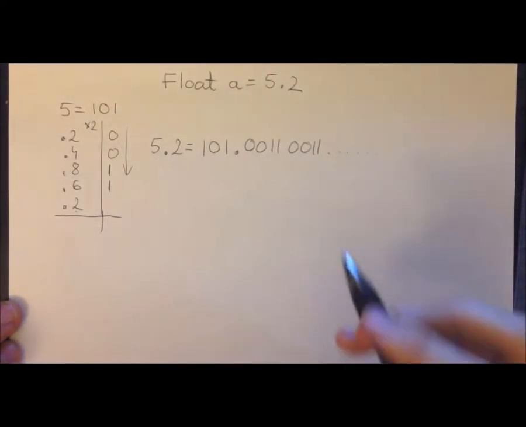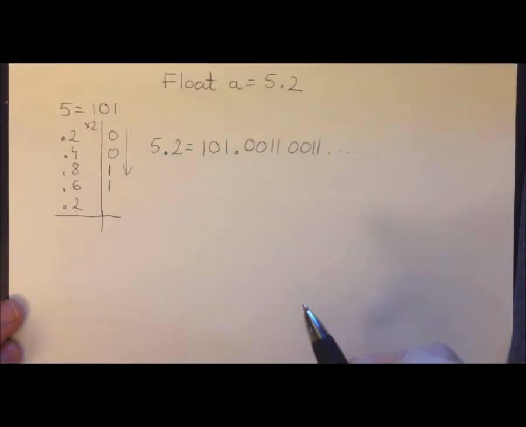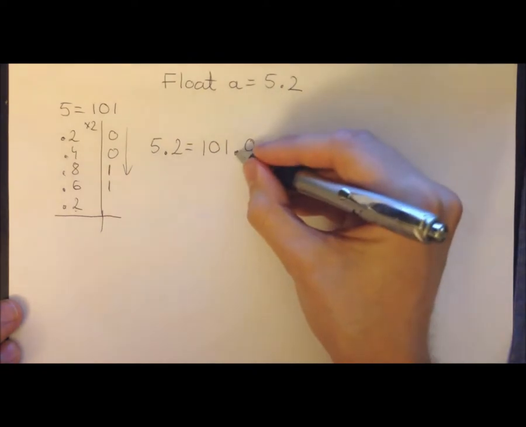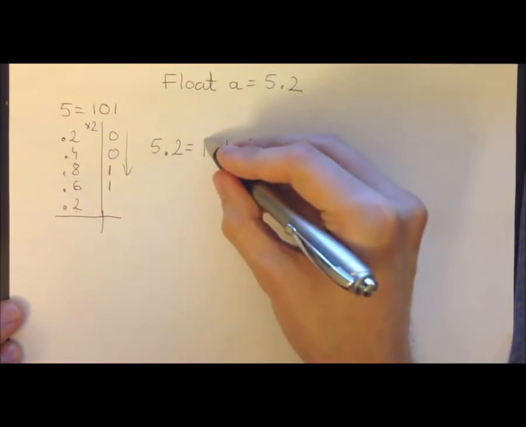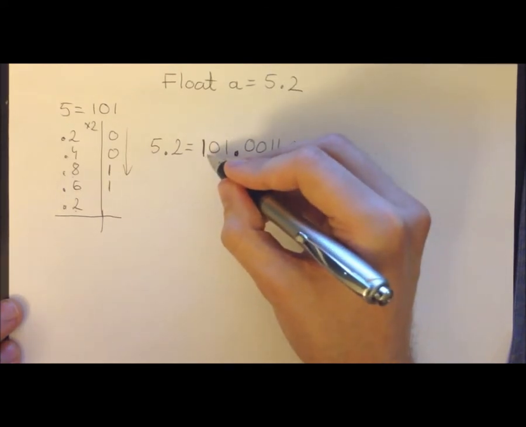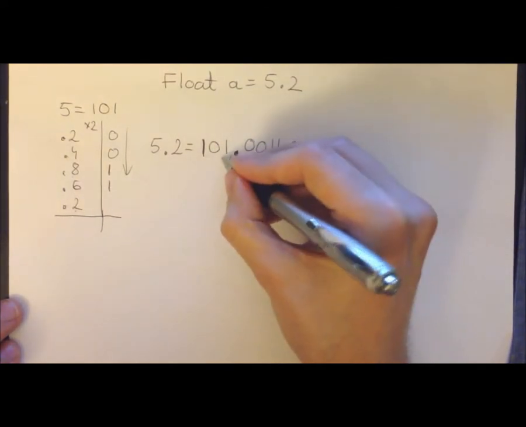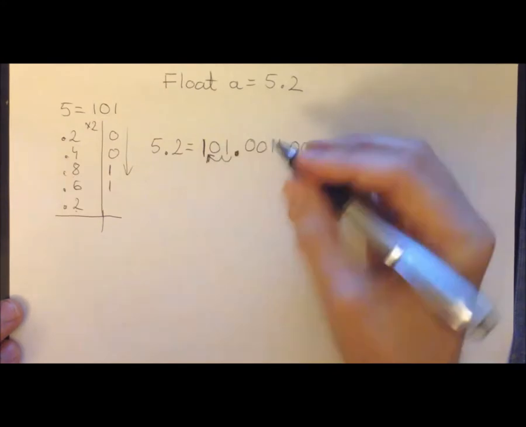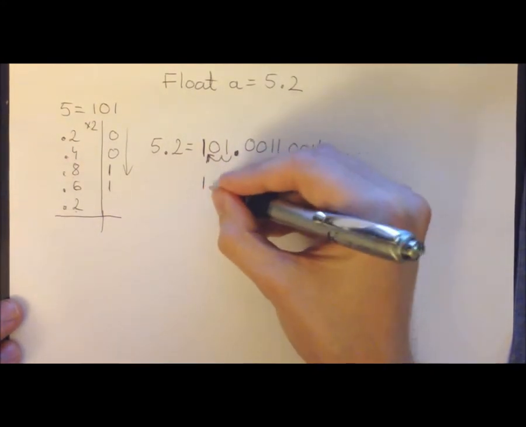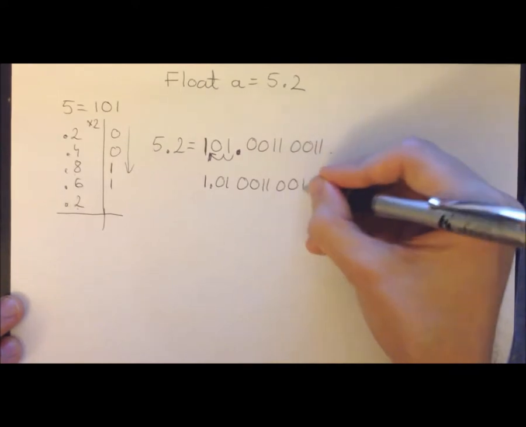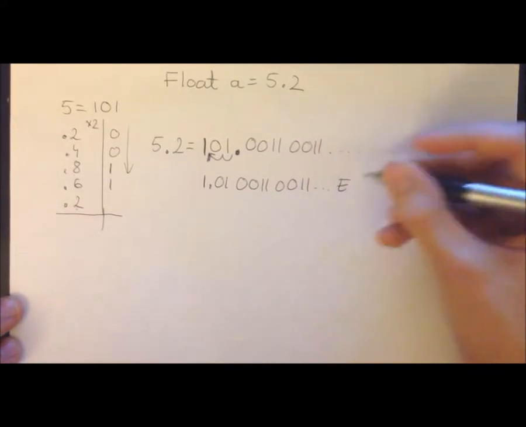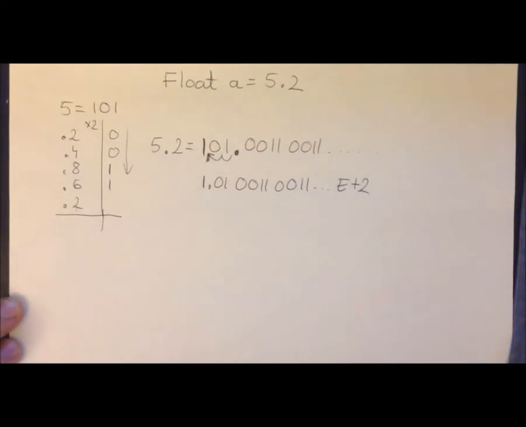So now we are converting this to the floating point representation. The first step is moving this dot just before the very first one. So it's 1, 2, we are moving this by 2 positions. It is 1.0100110011, and so the exponent is plus 2.